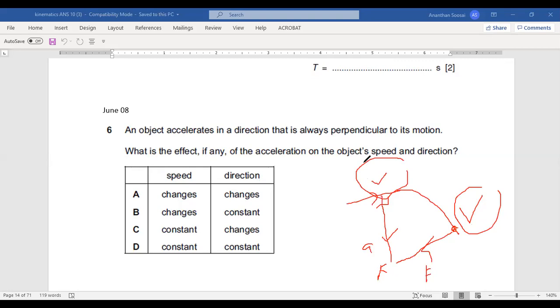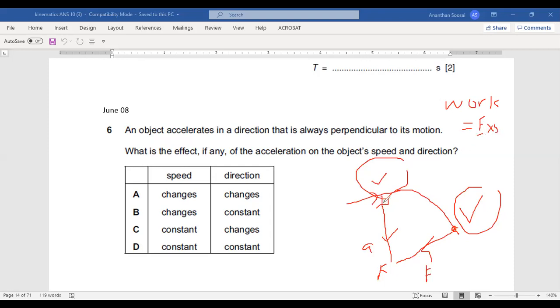This I never taught you, but you learned it in O level already. It's because a force that is 90 degrees won't affect it. Work is force times displacement in the direction of the force.